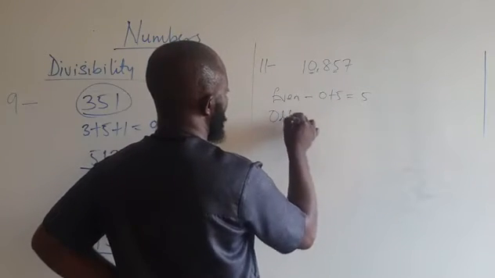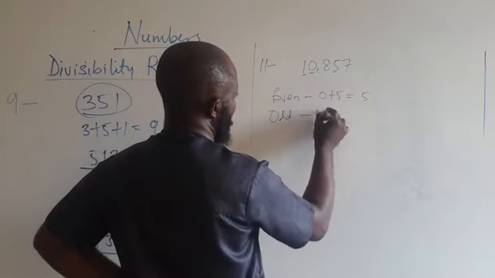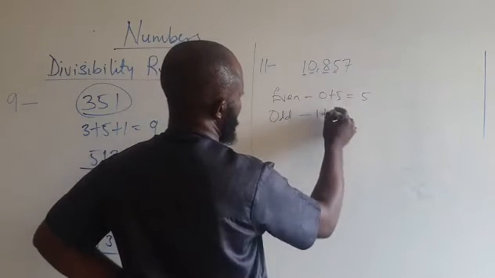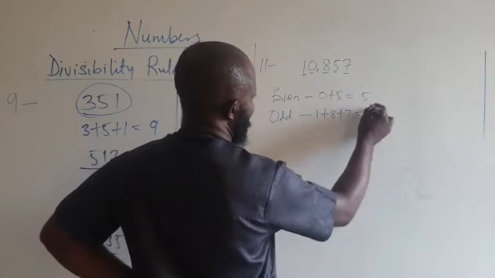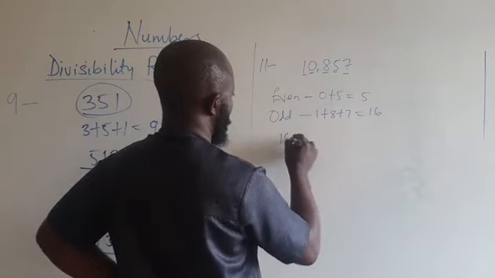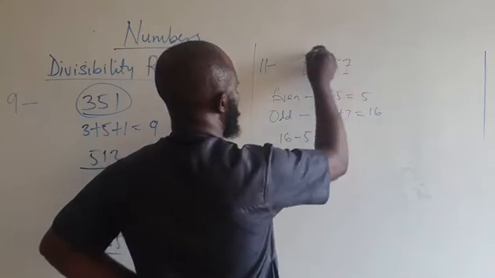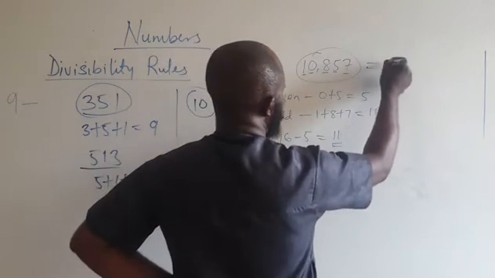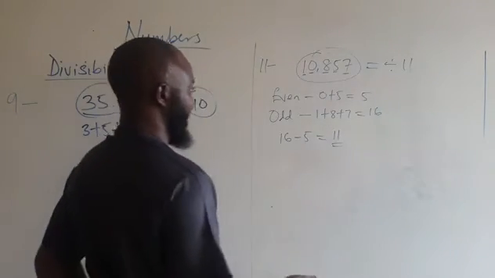Odd position: this is the first one, plus this is the second one, 8, this is the third one, which is 7. So let's add this, that is 16. Let's subtract the two. That is 16 minus 5. That gives us 11. So in that case, this number is divisible by 11. Is that clear? This example.